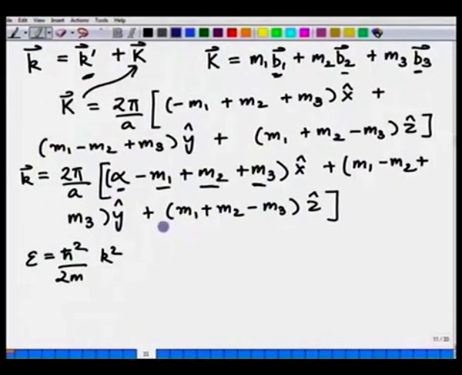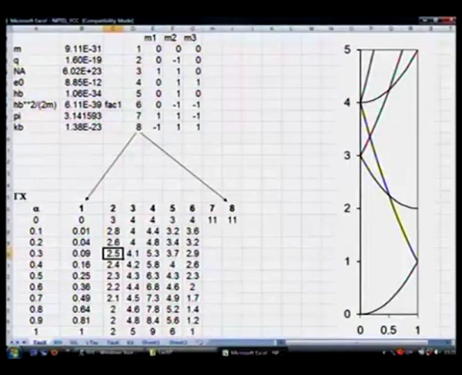Now, I have done these calculations for you. So, let me first show you these calculations which I have done, so that you will see. Here is the gamma point, this is the gamma point right here, and here is this x point. So, what I am plotting is 0 to 1, which is basically the value of alpha.